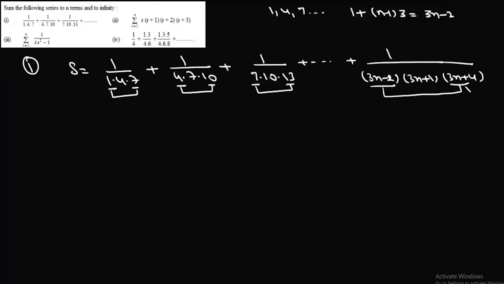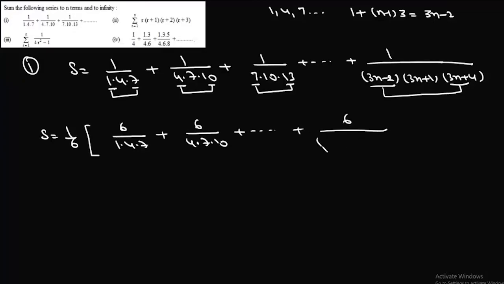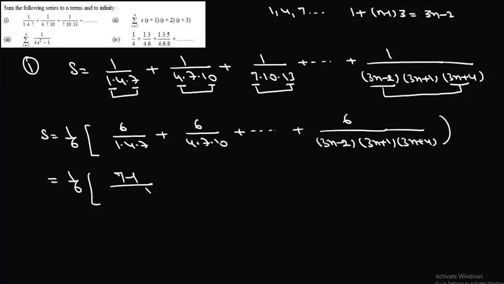So what we'll do is multiply and divide everything by 6. So we can write S as 1 by 6 times 6 upon 1 into 4 into 7, plus 6 upon 4 into 7 into 10, up to 6 upon 3n minus 2, 3n plus 1, 3n plus 4. Now we'll write this 6 as 7 minus 1, and this is 1 into 4 into 7.